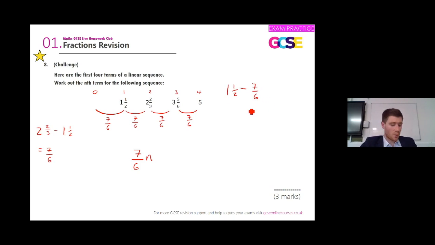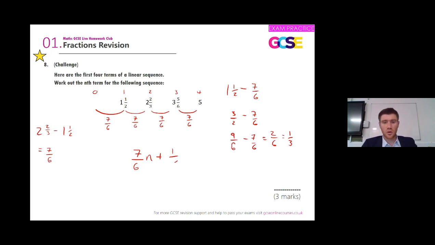When you do that, you're going to have 3/2 subtract 7/6, which is multiplying the first fraction by 3 top and bottom, 9/6, subtract 7/6 is 2/6, which is a third. You don't need to simplify it because they haven't asked you to, but it's good practice for this question, so why not? It looks a bit tidier. So it's positive, I add on the third.